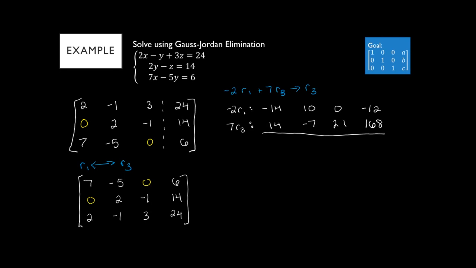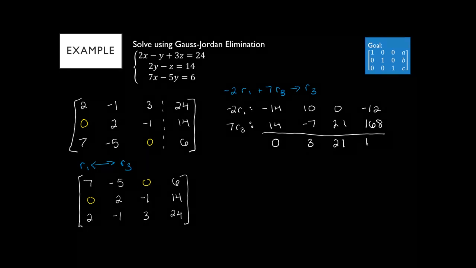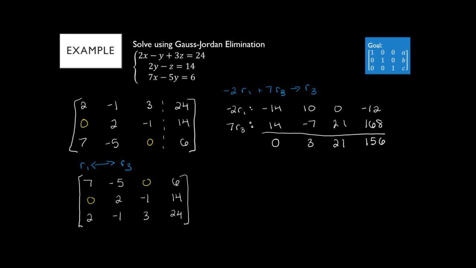So I'm going to combine these. Negative 14 plus 14 is 0. 10 minus 7 is 3. 0 plus 21 is 21, and then 168 minus 12 is 156. So now my matrix is 7, negative 5, 0, 6, 0, 2, negative 1, 14. And then we've got 0, 3, 21, 156.